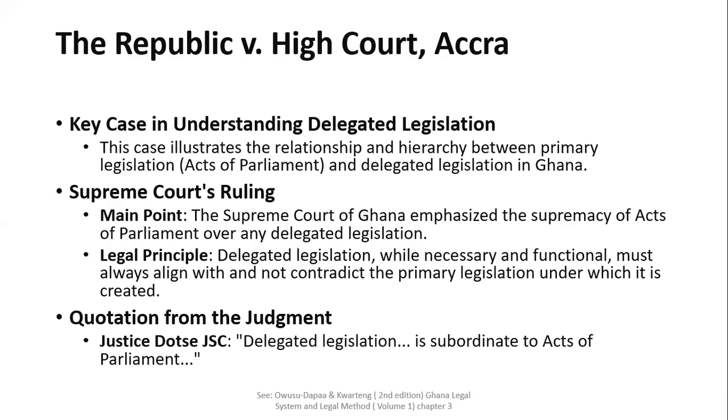So you know the doctrine of ultra vires. The power to make delegated legislation emanates from the parent legislation. And if that is so, the delegated legislation should not be made in excess of the power envisaged by the primary legislation, or it must not contradict or violate provisions of the parent legislation.